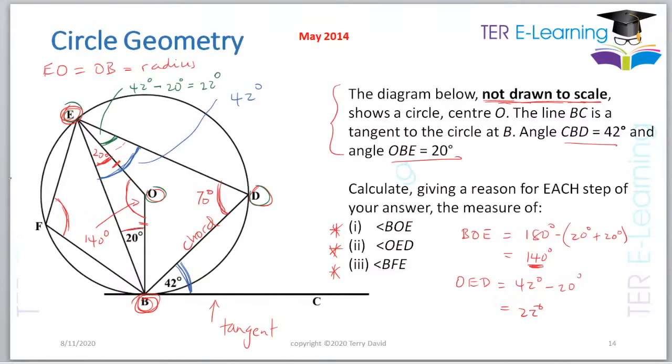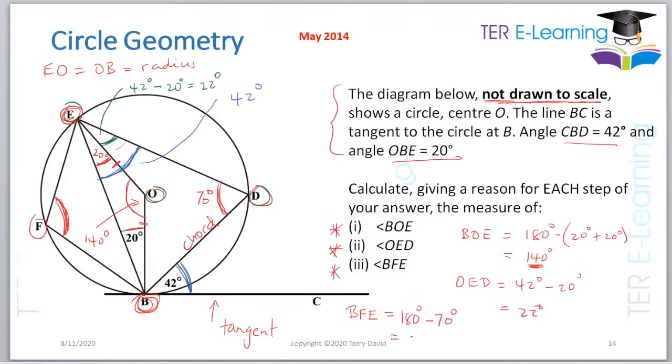But the angle that they want us to work out really and truly is this angle here. But if you look carefully, FEDB is a cyclic quadrilateral. So therefore, if I want to work out BFE, BFE is simply 180 degrees minus 70 degrees.